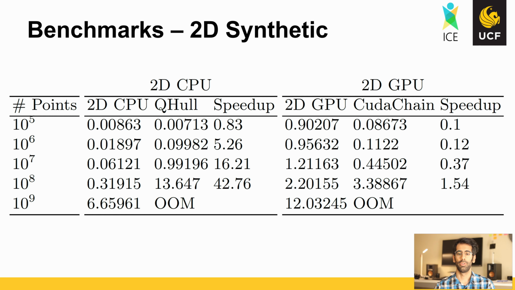And for the 2D GPU algorithm for 100 million points, ConcurrentHull is on average 1.54 times faster than the CUDA chain. One interesting point about ConcurrentHull is that for very large datasets, for example 1 billion points, both the CUDA chain and QHull algorithms faced an out-of-memory problem, but ConcurrentHull could solve the problem for those large datasets.